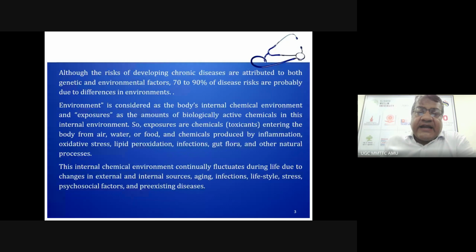So the exposures are chemicals and toxicants entering the body from air, water, and food, and chemicals produced by inflammation and oxidative stress. First of all, these chemicals enter the body through air, water, and food, and later their products, chemicals produced by inflammation, oxidative stress, lipid peroxidation, infections, gut flora, and other natural processes.